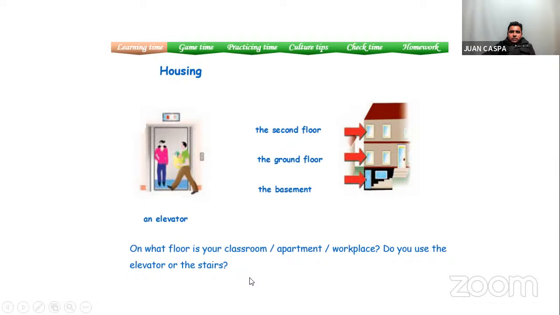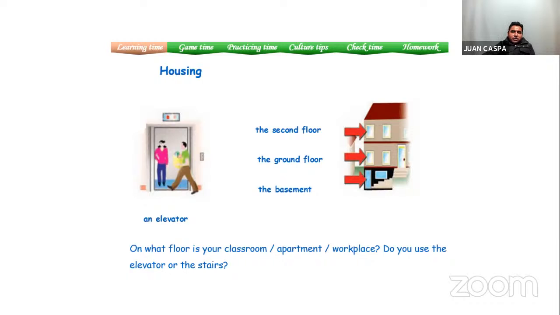Okay, maybe in a university, what floor was your classroom, or maybe is your classroom now? But you have finished, right? Your studies and so. What floor was your classroom? Uh, pues, usually my classroom is my living room.